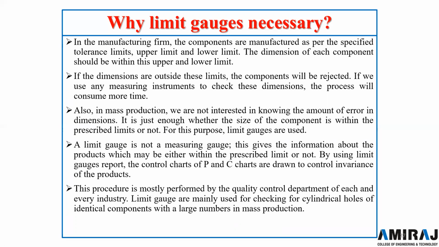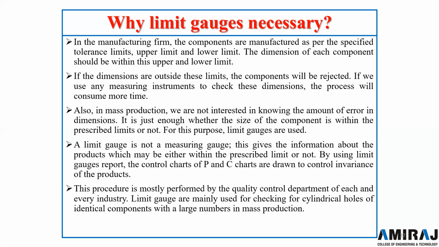That is but obvious. If we use any measuring instrument to check this dimension, the process will consume more time. If we use a vernier caliper, micrometer, or other measuring tools, it will take a lot of time. Also in mass production, we are not interested in knowing the amount of error in dimensions.